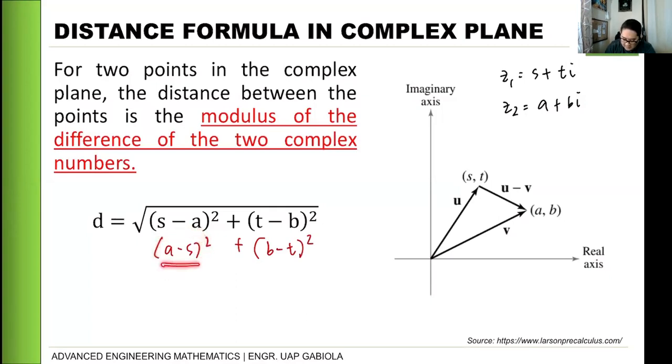So the difference of the real parts plus the difference of the imaginary parts. So what was really done is head minus tail, Z2 minus Z1.